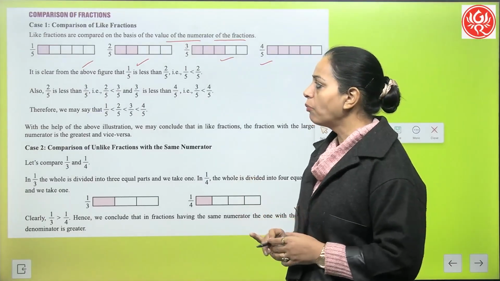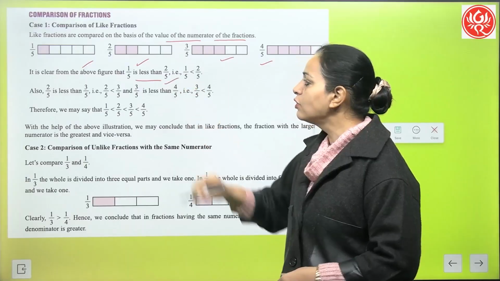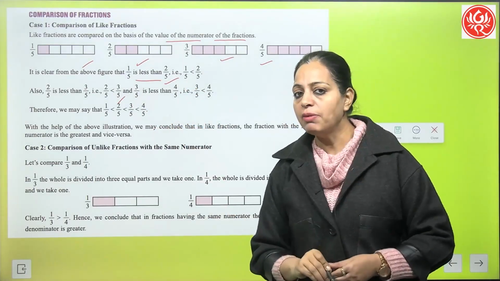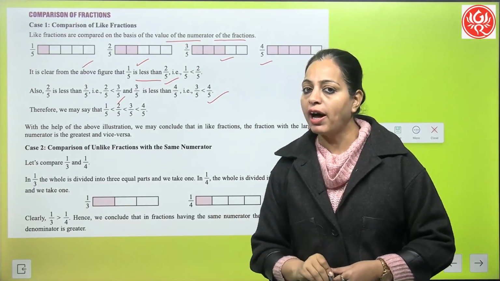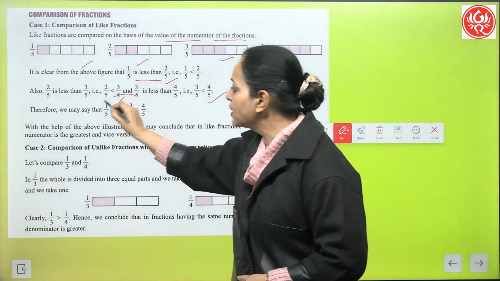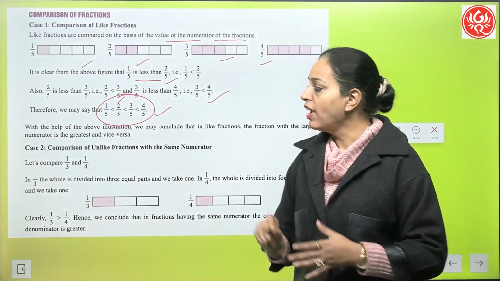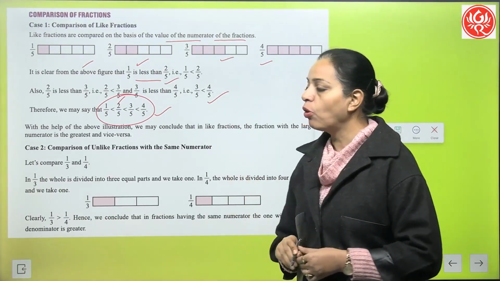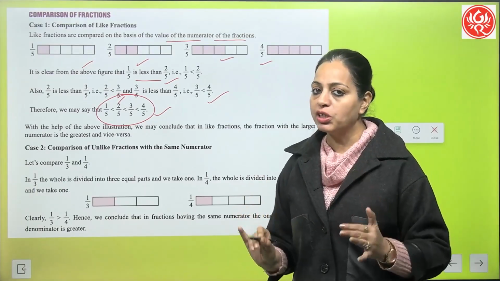So it is clear from the above figure that 1 by 5 is less than 2 by 5, and 2 by 5 is less than 3 by 5, and 3 by 5 is less than 4 by 5. It means सबसे बड़ा फ्रैक्शन कौन सा है, 4/5, and सबसे छोटा फ्रैक्शन कौन सा है, 1/5. It means we are just seeing the values of the numerator.